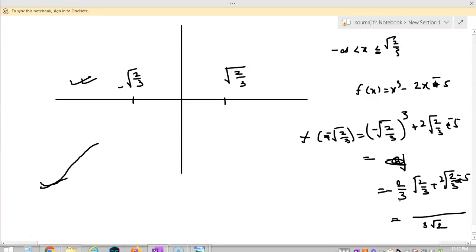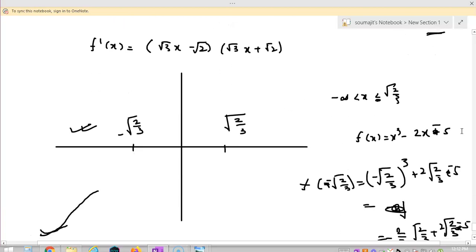Okay. So if you try to find the value, the value is minus 2 root 2 plus 6 root 2 minus 15 root 3.